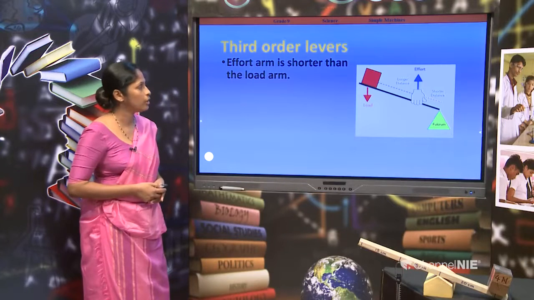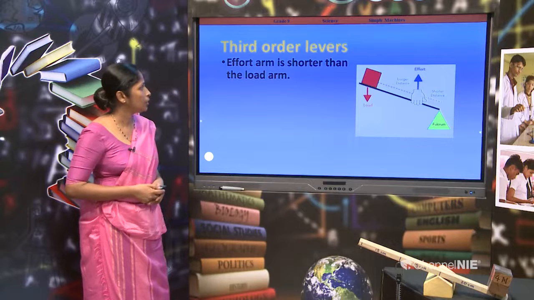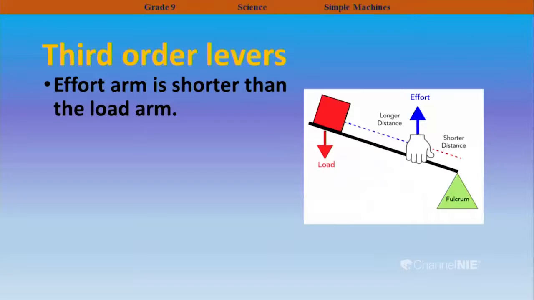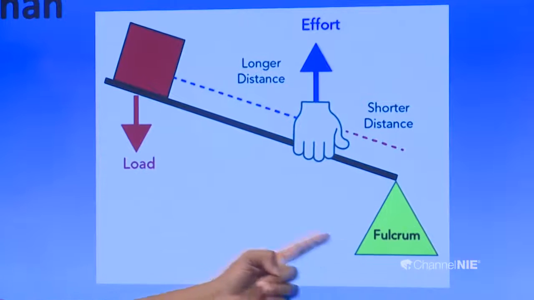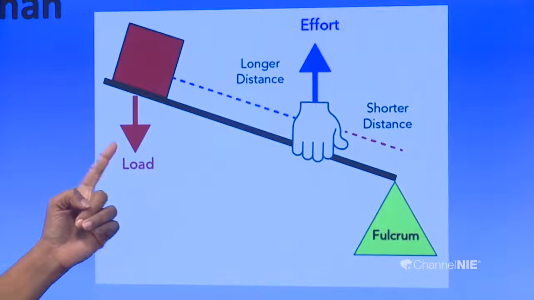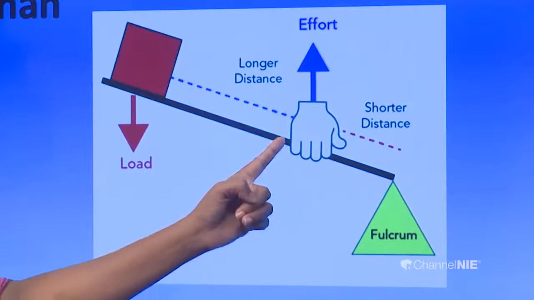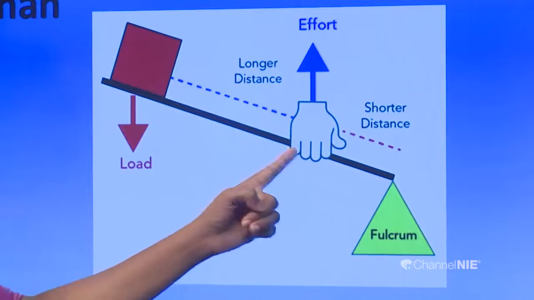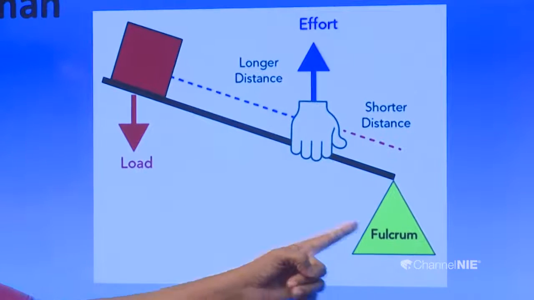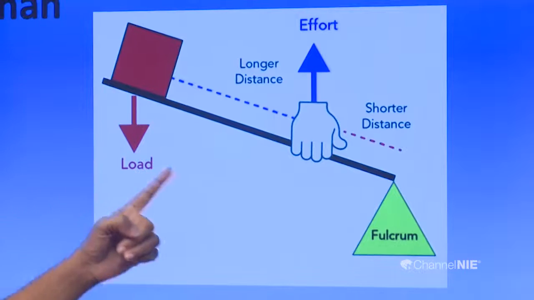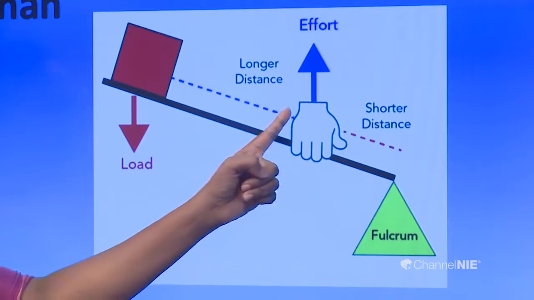In third order levers, the effort arm is shorter than the load arm. Here is the fulcrum and load arm, fulcrum and effort arm. The load arm is greater than the effort arm.